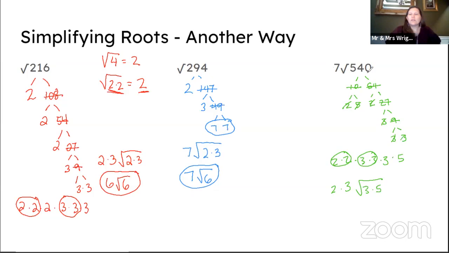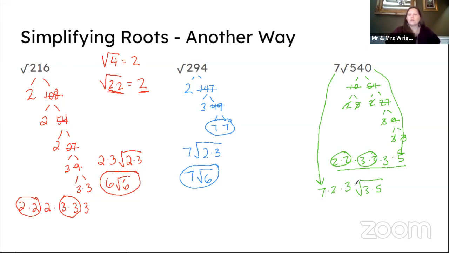Now this is where we need to look back and say, oh my gracious, I have to remember to bring down that 7 that I had left hanging up there before that I did nothing with. So the 540 broke down to our prime factorization of all of this, and our 7 we just bring down after we start to move some stuff outside of the radical.